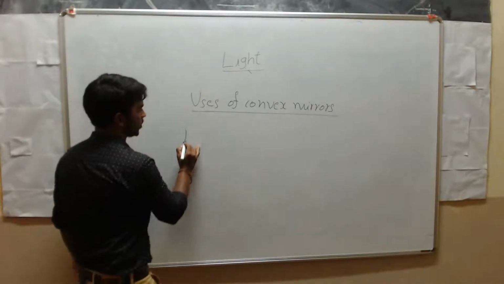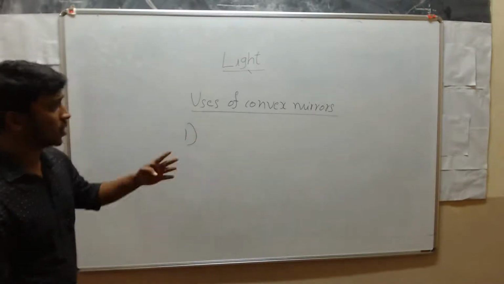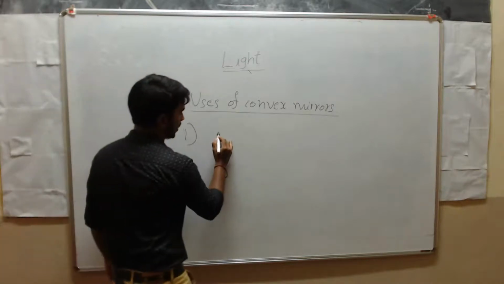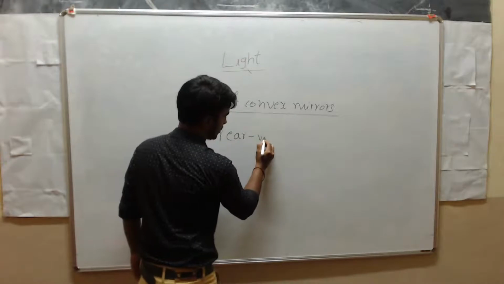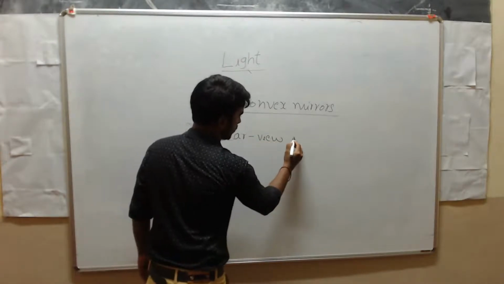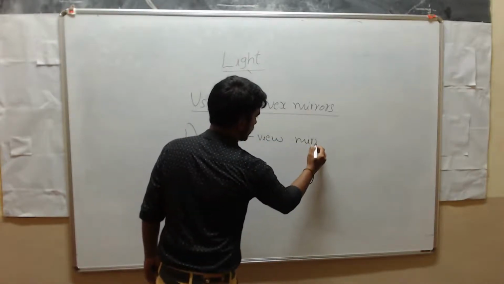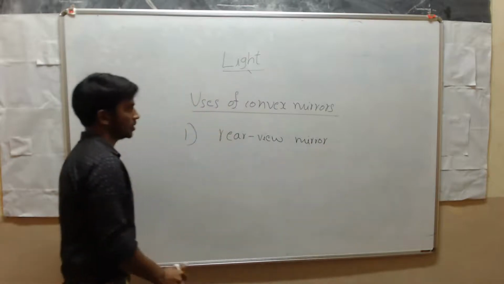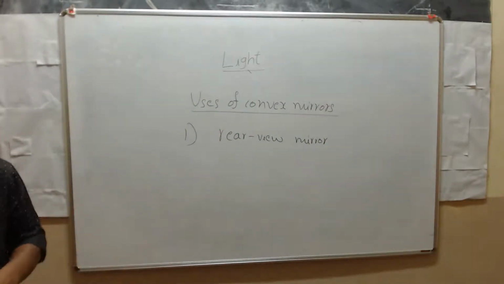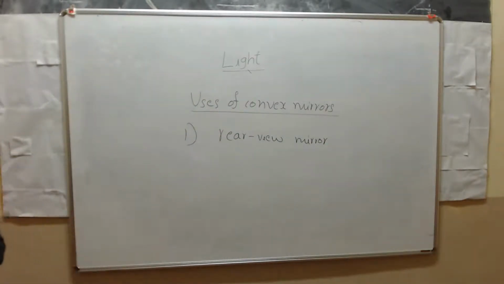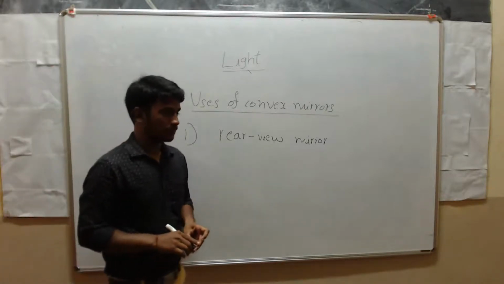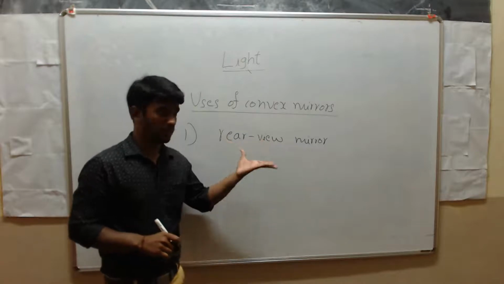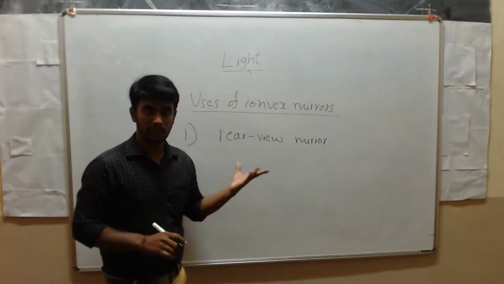Okay, see, first, we use convex mirrors in automobiles. We use this convex mirror as a rear view mirror in automobiles. Why? Because the images formed by a convex mirror are always diminished.